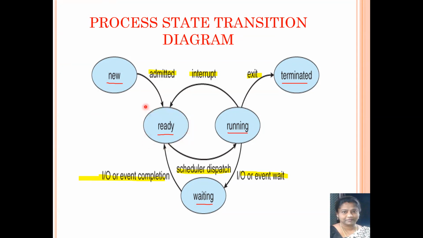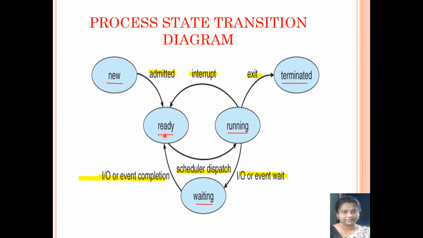So the process which has been created, existing in the new state, moves into the ready state, indicating that it is ready for execution. The transition which causes this move from new to ready is called admitted.